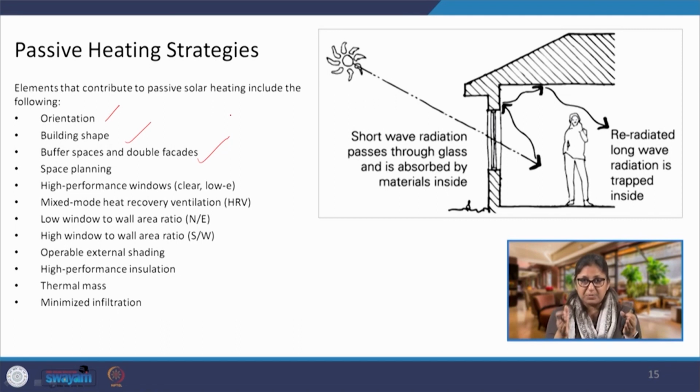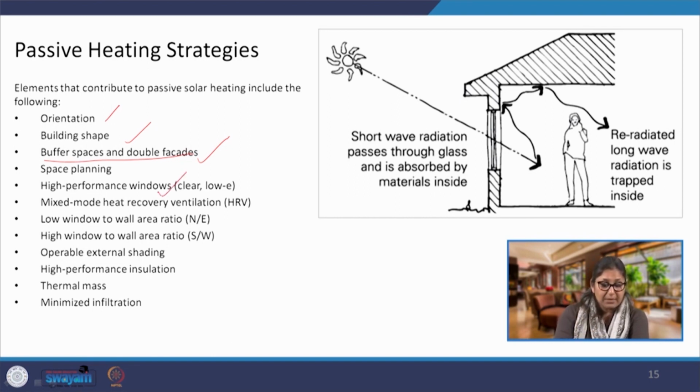The space in the middle, in the center, is the habitable space, heated through the heat of kitchen cooking or through human body heat. The buffer area, which is the veranda area, is heated during the day by sun and then closed during the night to minimize the heat loss from the central space. So, that is where we are talking about double spaces, buffer spaces and double facades.